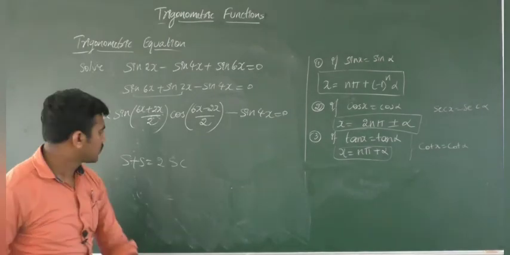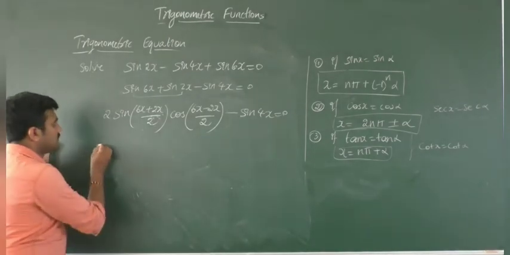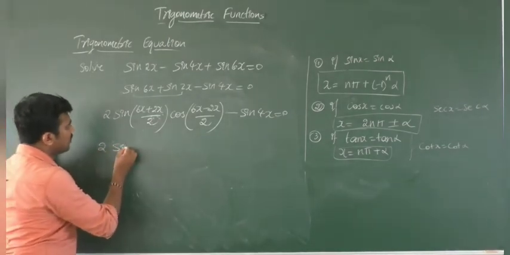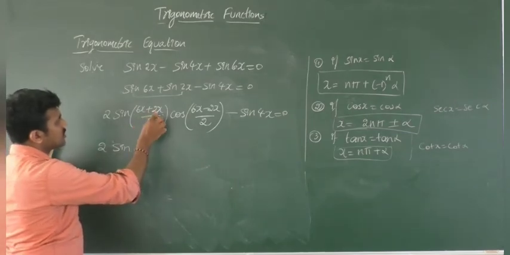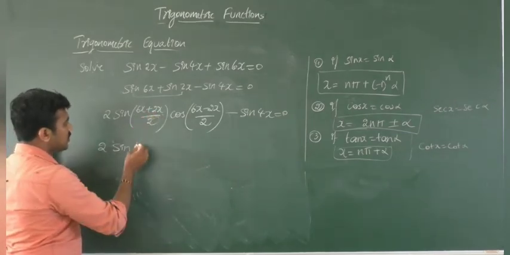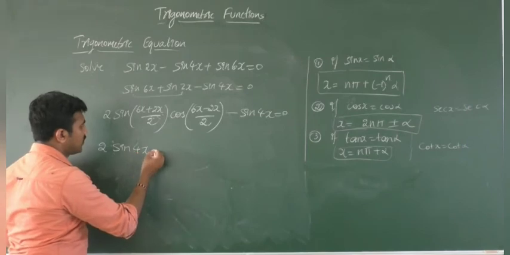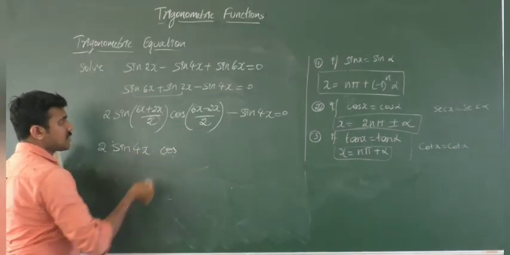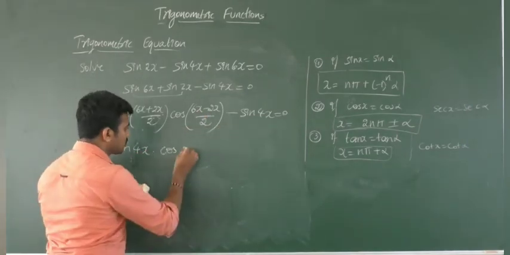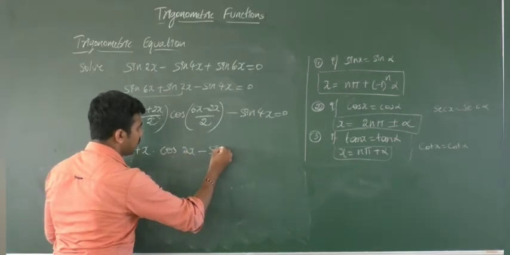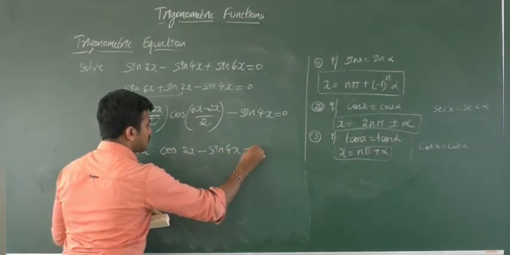Now this is nothing but 2 sin 4x, that is 8x by 2, into cos 2x, that is 4x by 2, minus sin 4x is equal to 0.